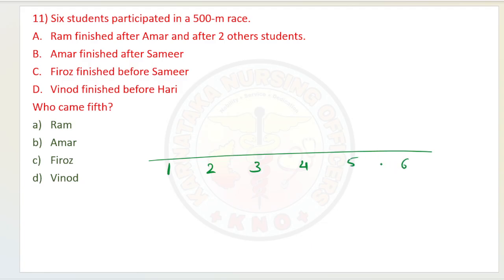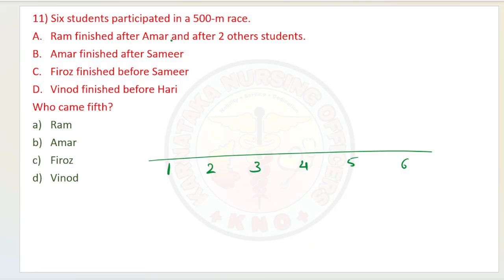This question was also asked in the RRB exam in a previous year question paper. Understood? So now I am writing the ranks according to the statements. What is the first statement?